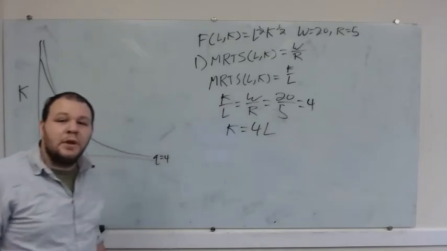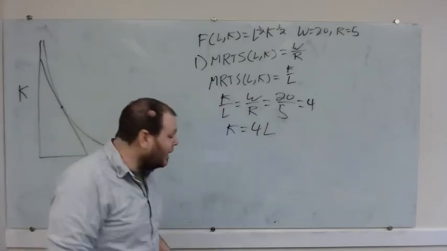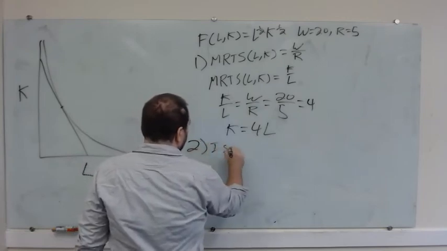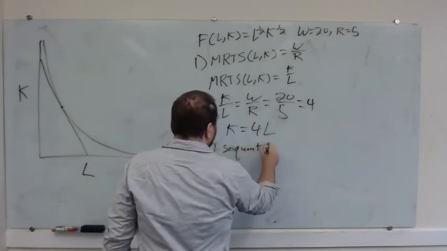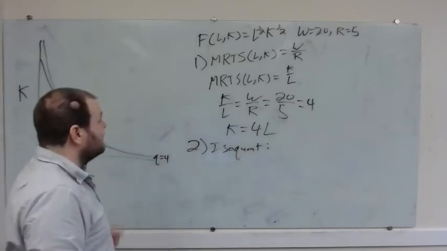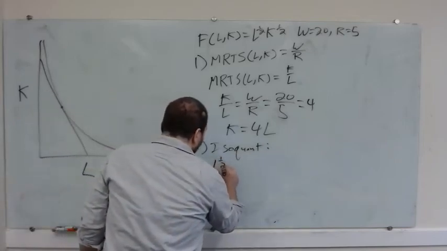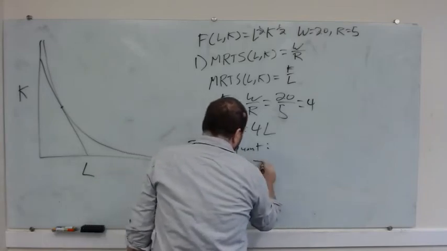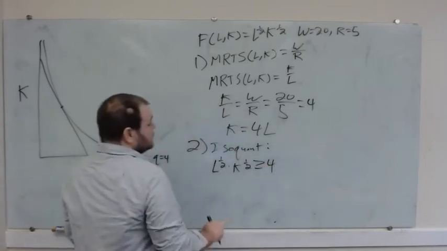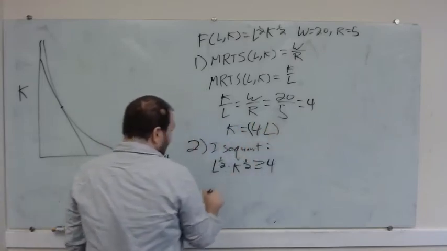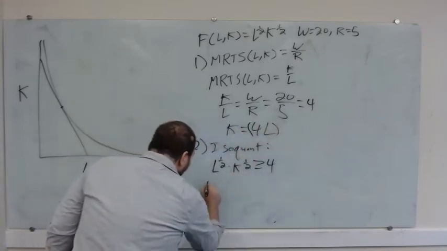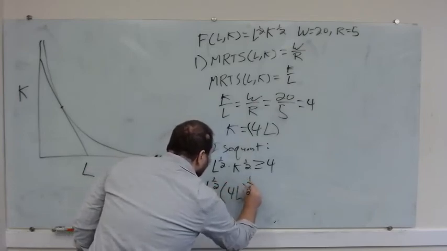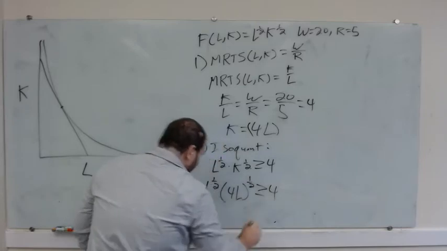Nice. So what do I do with this? Well, I plug it into my isoquant. Remember, my isoquant is L to the 1/2 times K to the 1/2 has to equal 4, or really be greater than or equal to 4. So I'll stick 4L in for K and say L to the 1/2 times 4L to the 1/2 is greater than or equal to 4.